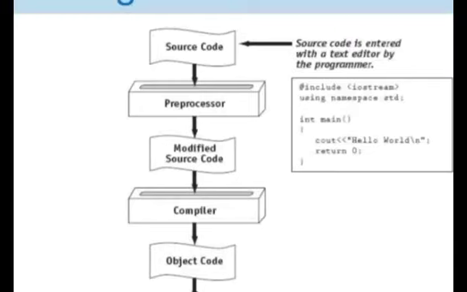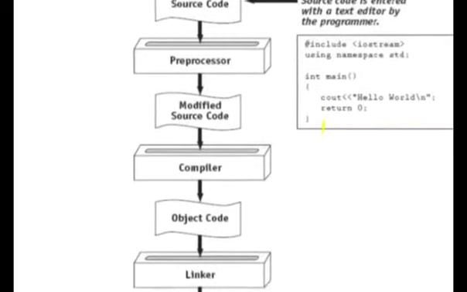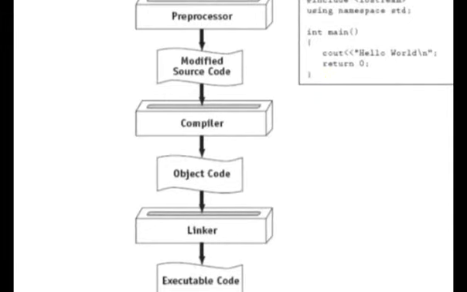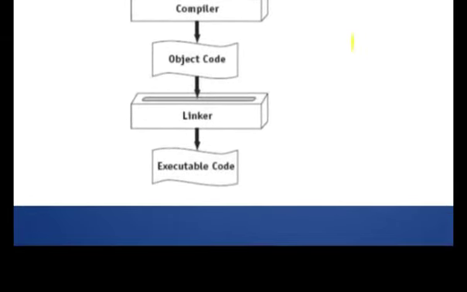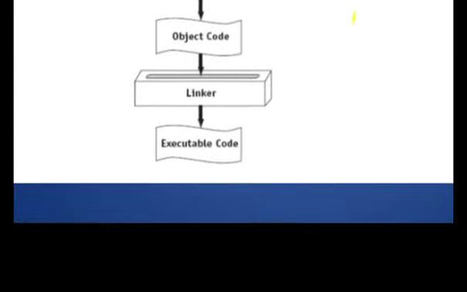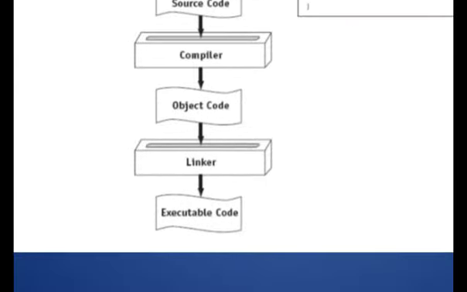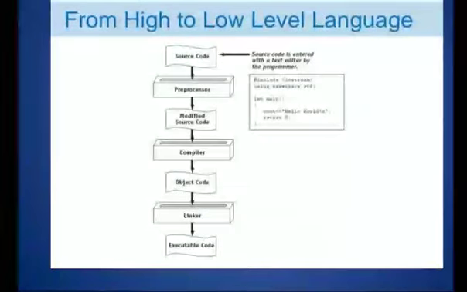This source code is sent to the preprocessor. The preprocessor modifies the source code and then sends it to the compiler. The compiler applies its formulas on the modified source code and produces an object code. This object code is sent to the linker, which transforms it into executable code.